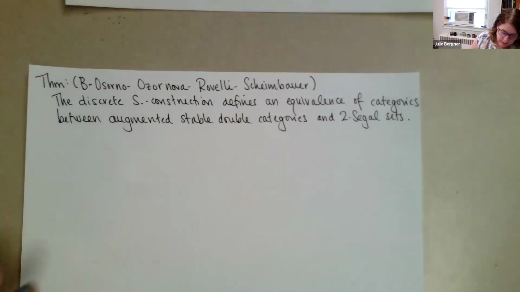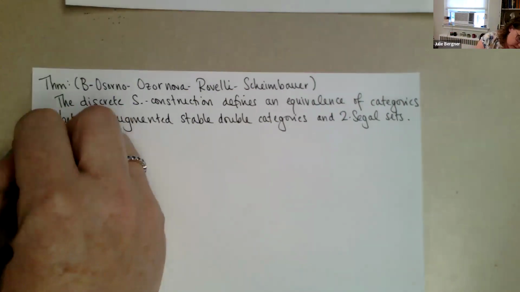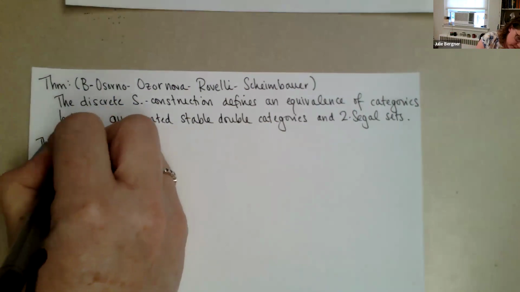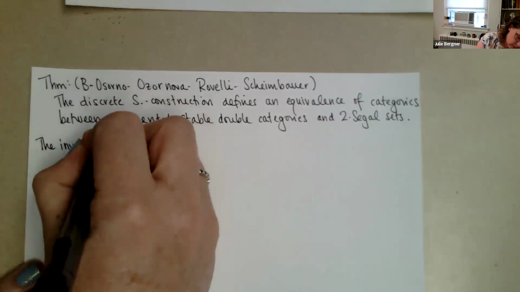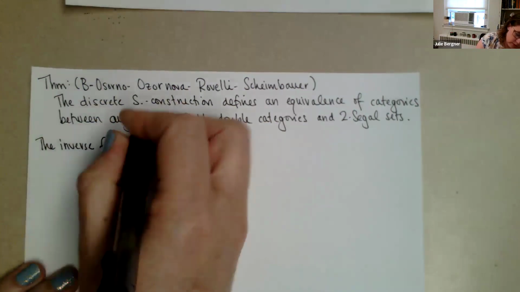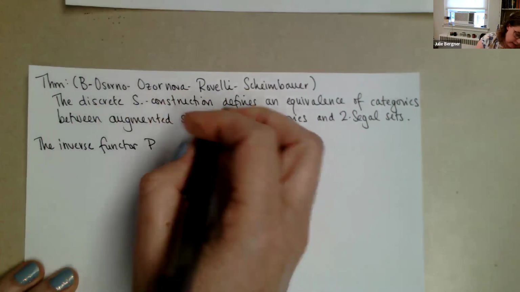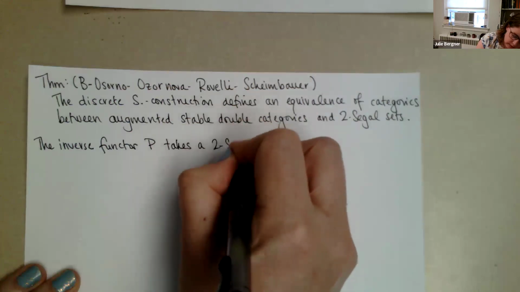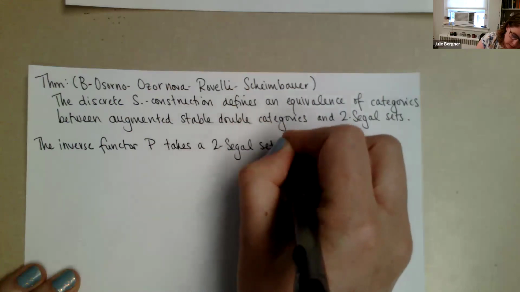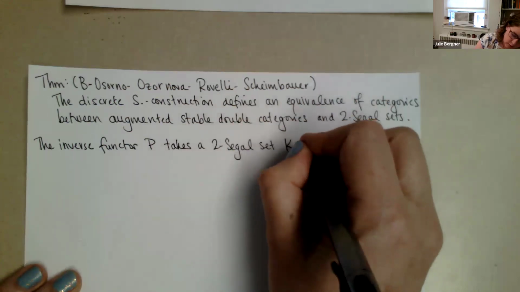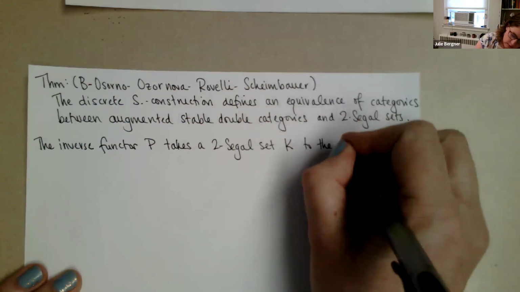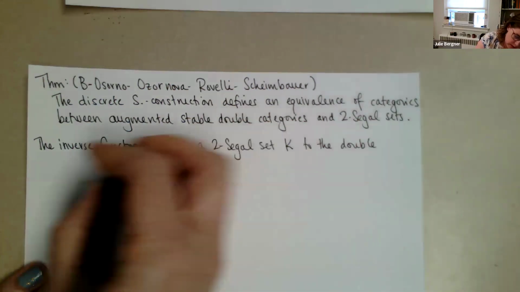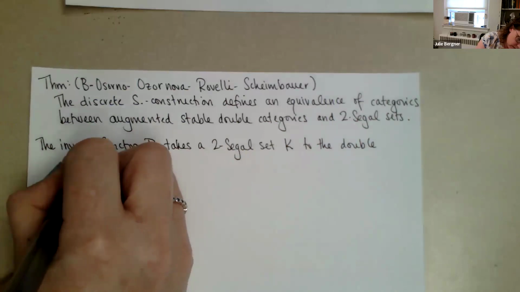So if it's an equivalence, then, well, there's an inverse equivalence. Let me say a little bit about what that does. The inverse functor P takes a 2-Segal set K to a double category P of K.